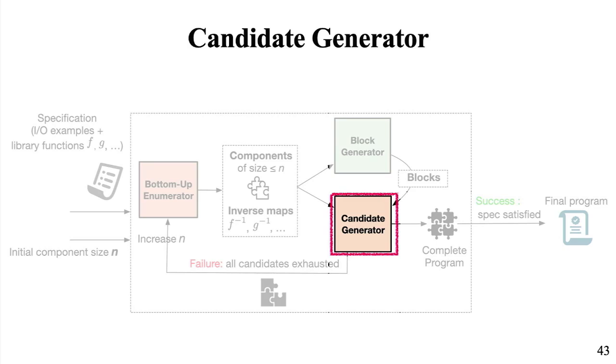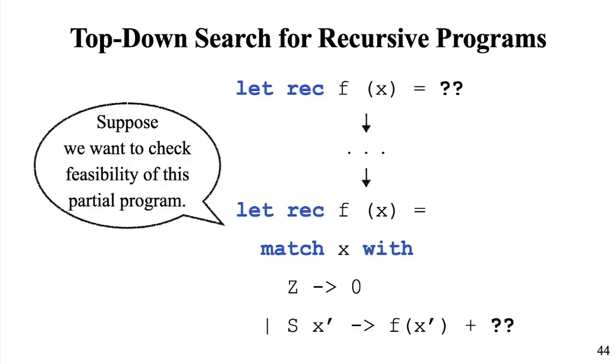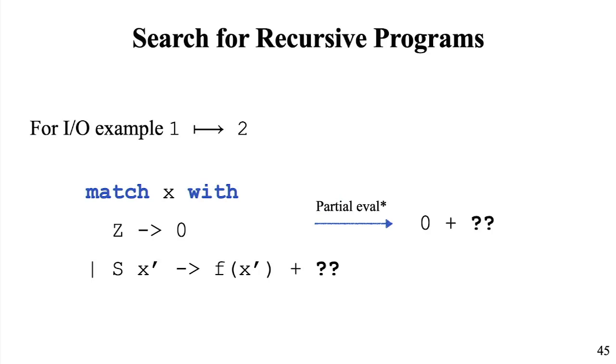Next, the candidate generator. It searches for a recursive solution program in the space of recursive programs. And during the search, suppose we have generated this partial program as a candidate and want to check its feasibility. As I mentioned earlier, using each I/O example, we perform partial evaluation of the candidate. For example, for the second I/O example, after multiple steps of partial evaluation, we obtain this partial expression from the candidate program.